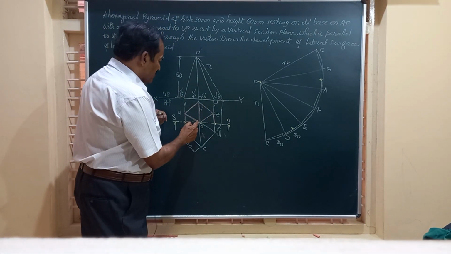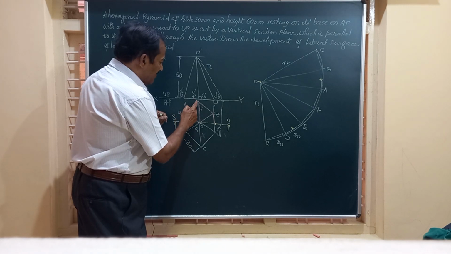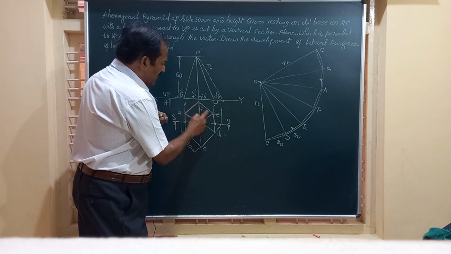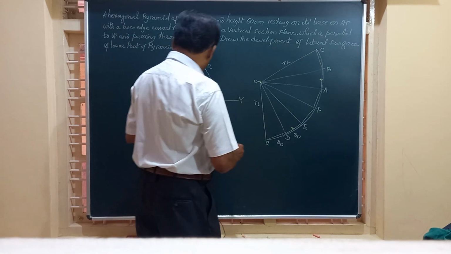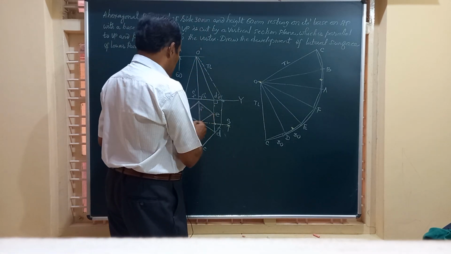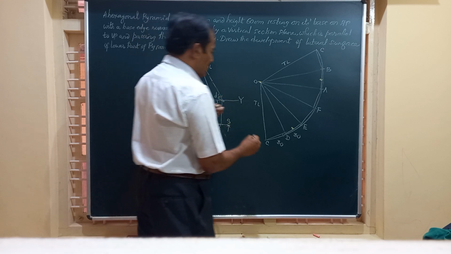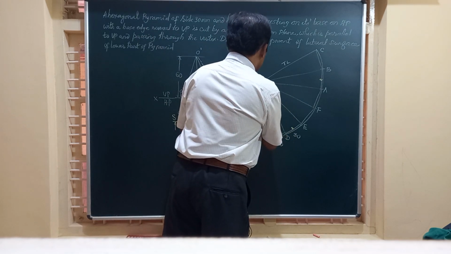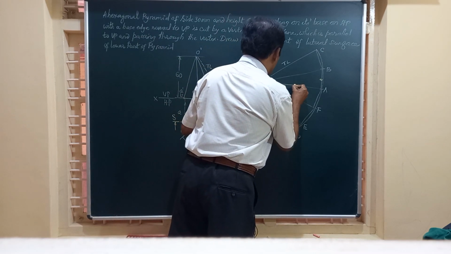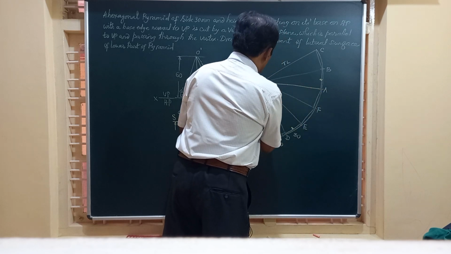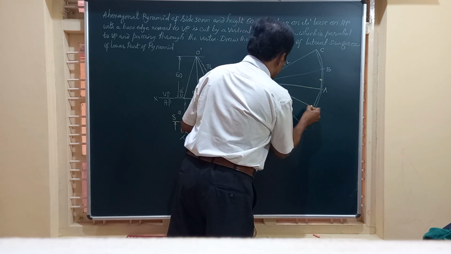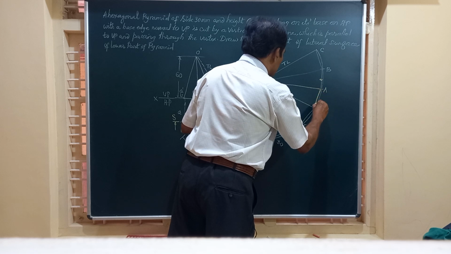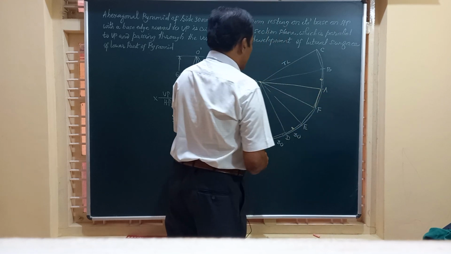Which are they? One is OAF, the other is OFE. Let us see them. OAF. So I am going to join O to A, O to F, and this is one such triangle.